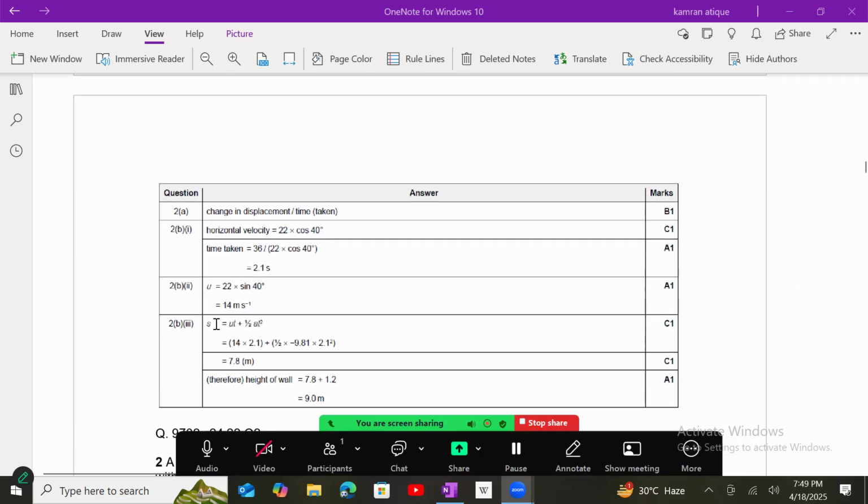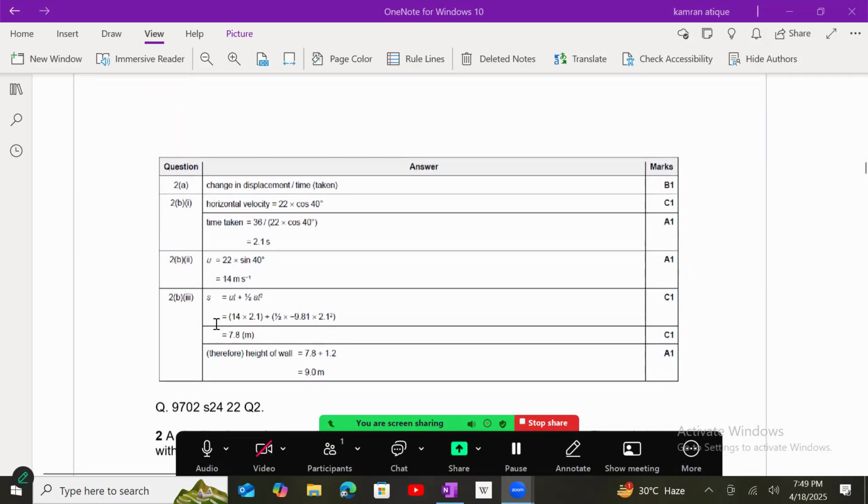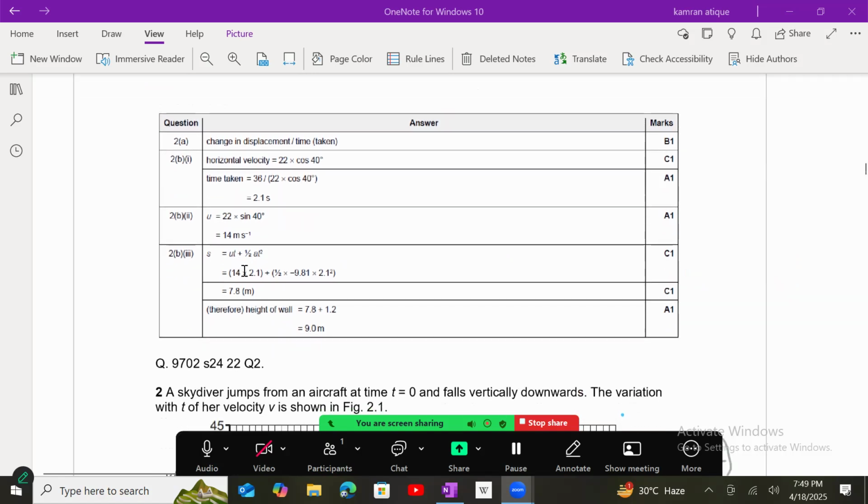we can use the value you have obtained in the last equation. u was 14 meter per second. The vertical component of the speed was 14 meter per second. And here we start by applying 14 into 2.1.